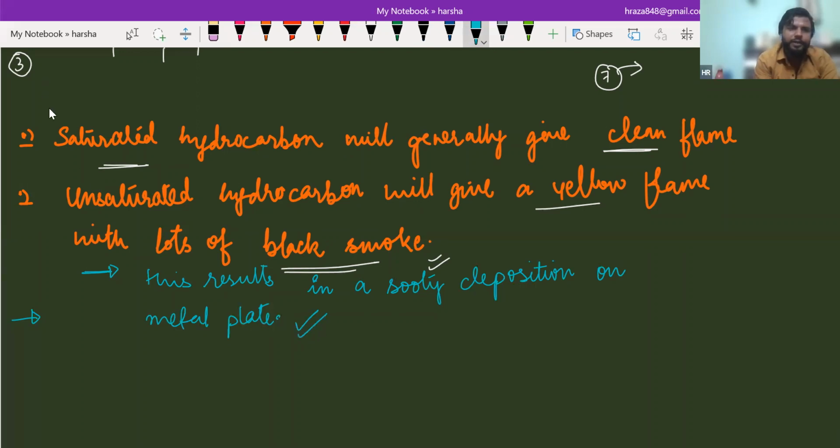So this point is very important. These questions are generally asked in the exams.